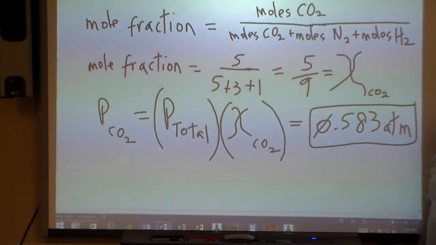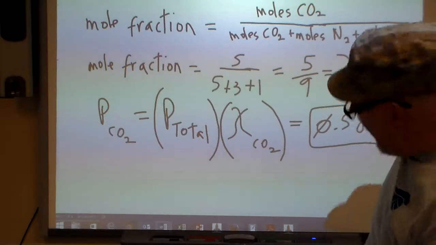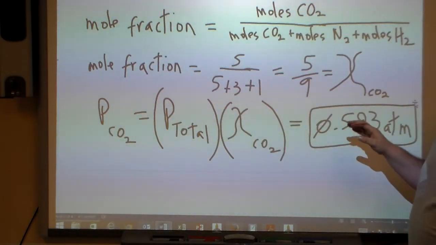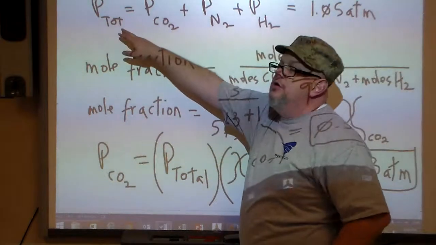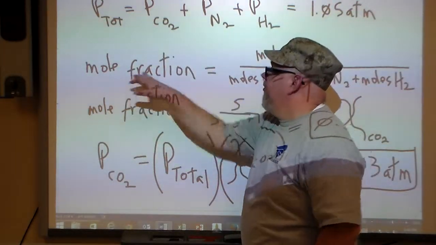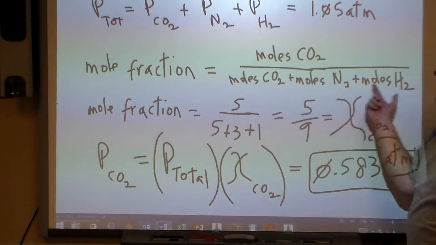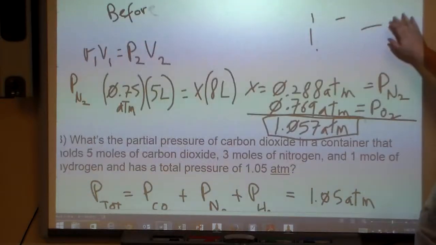This is it. This is our final run here, ladies and gentlemen. So, what did we look at? We talked about the idea of partial pressures combining to form the total pressure. We talked about the idea of the mole fraction, and I gave you the formula for it.